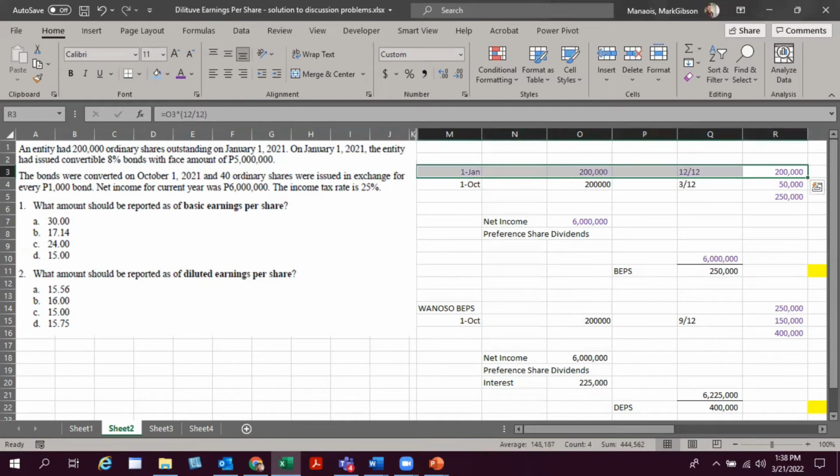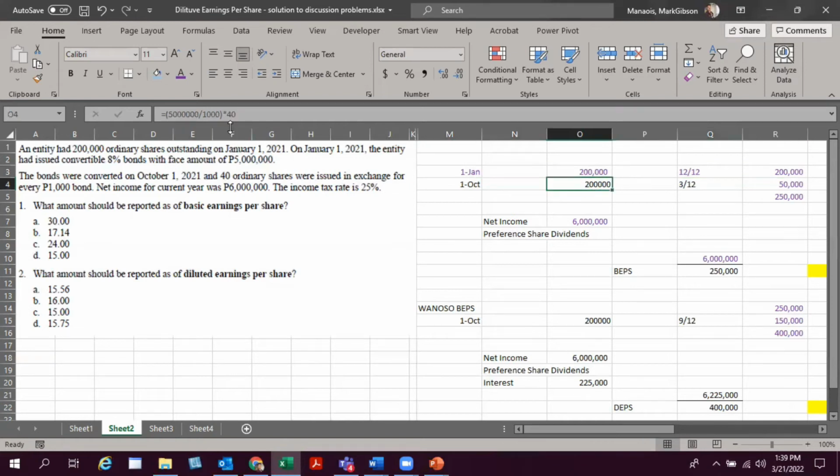So, pag-usapan ngayon natin yung bonds conversion. Kailan ba siya na-convert? Sabi dyan, October 1, 2021. Pero ilang shares? 5 million divided by 1,000 para makuha natin yung number of bonds, multiplied by 40 ordinary shares.